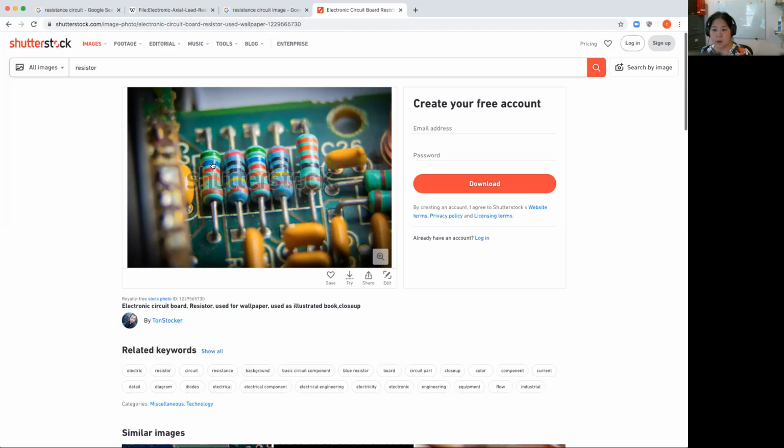And how do you control the amount of resistance in these resistors? Typically, they put carbon powder, and you control how much carbon powder, and you might put some metals in it to control the amount of resistance. That's how they make these resistors.